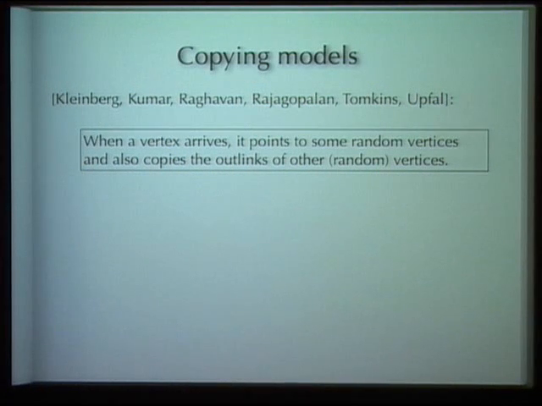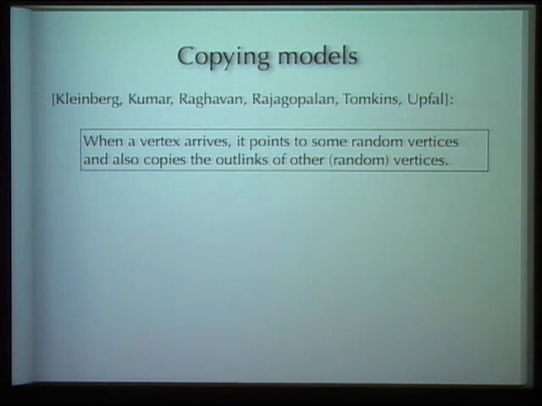A different kind of model for growing networks was introduced in different papers by all these people. So you take the union, that's the names that you get. And the idea is that now when a vertex arrives, it tends to be quite lazy. Think of this as in the old days when people had home pages that they built, and where their home pages, to a large extent, acted as their set of bookmarks.